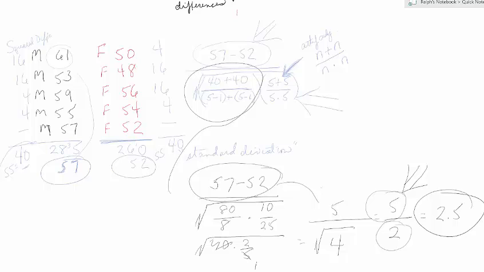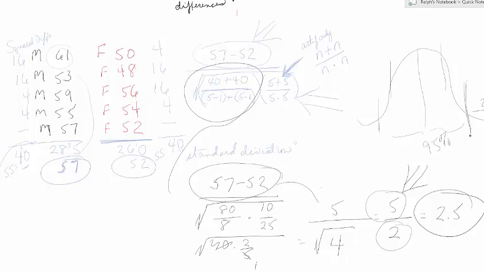So what does that mean? That means in this curve, we know 1 standard deviation, 2 standard deviations, 1 standard deviation, 2 standard deviations. So this is 95%. So this is more, 2.5 standard deviations is more than 2 standard deviations, right?